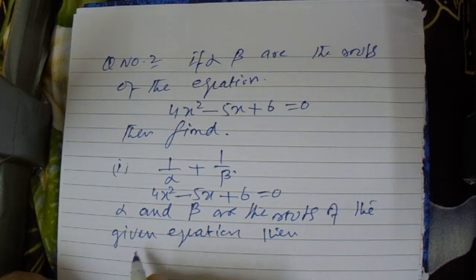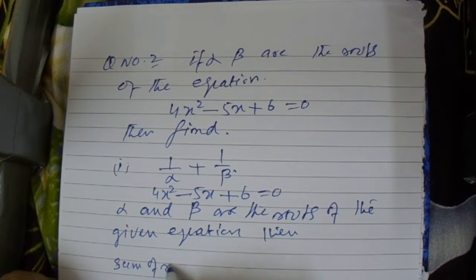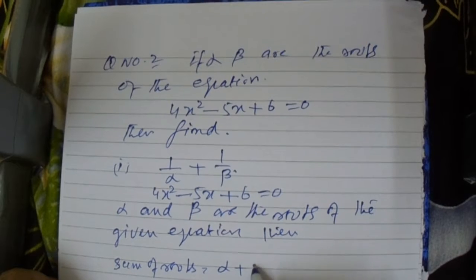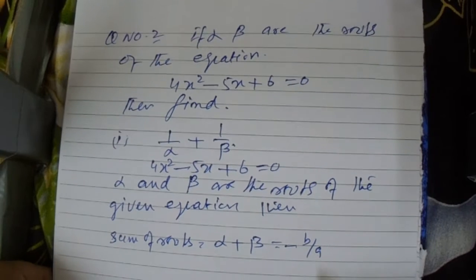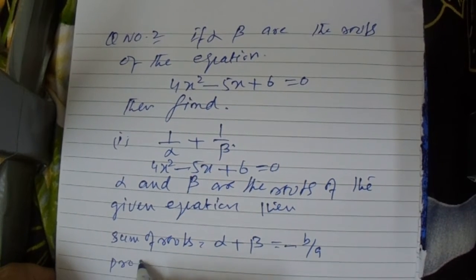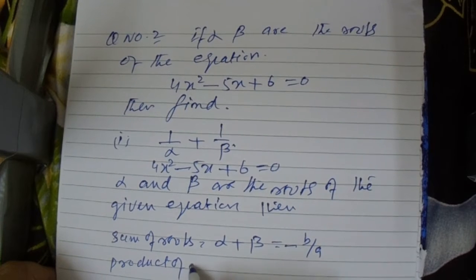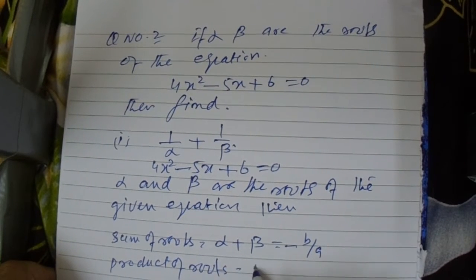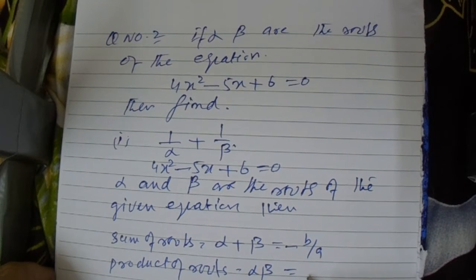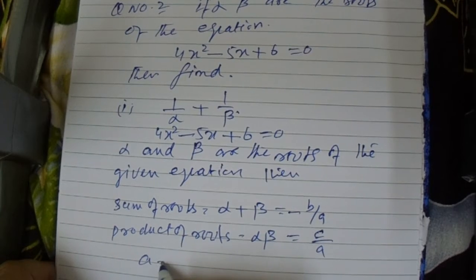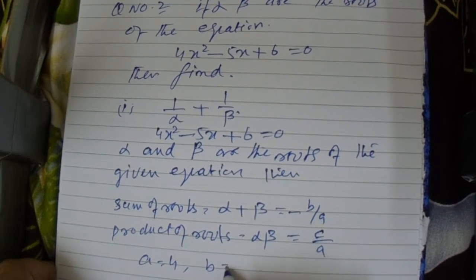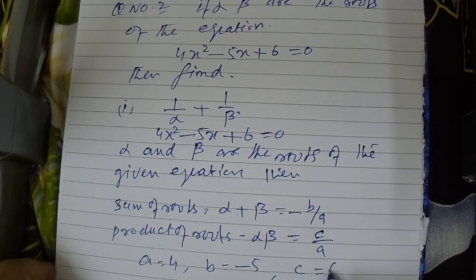Now here the sum of roots is alpha plus beta, equal to minus b over a, and the product of roots is alpha into beta, equal to c over a. Now here a is 4, b is minus 5 and c is 6.